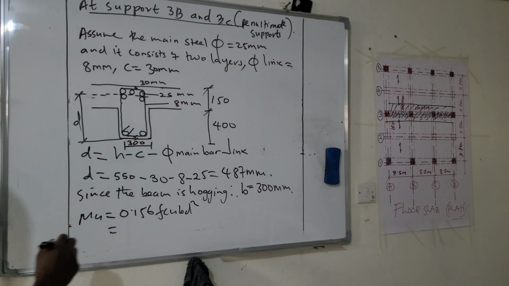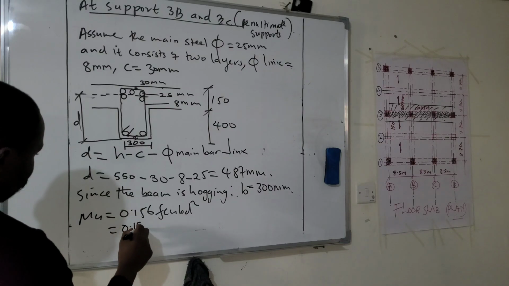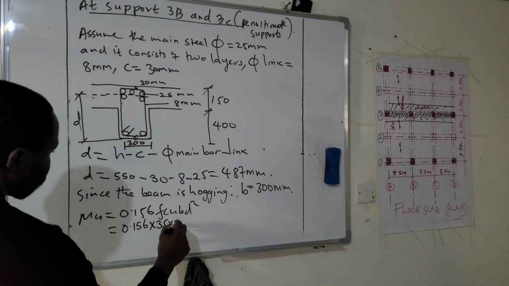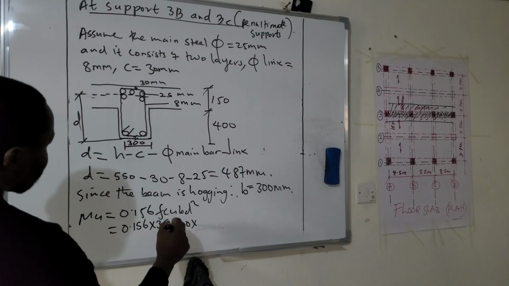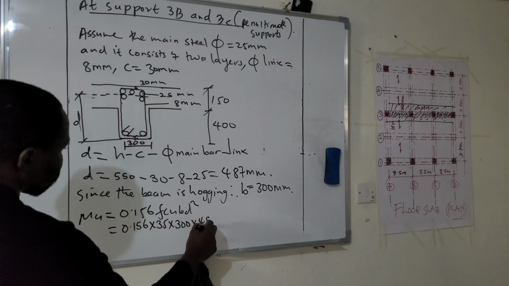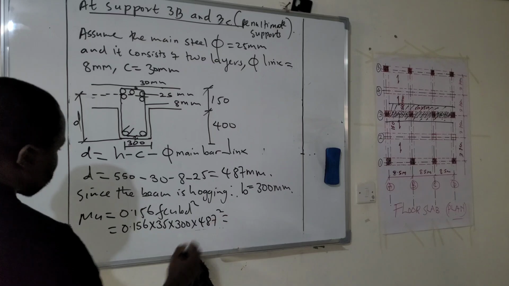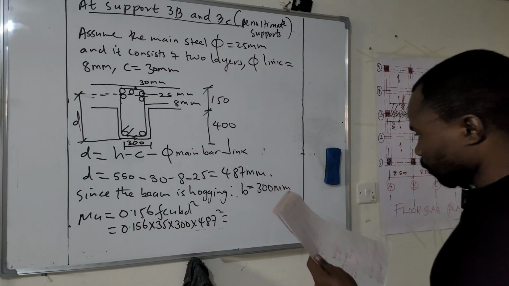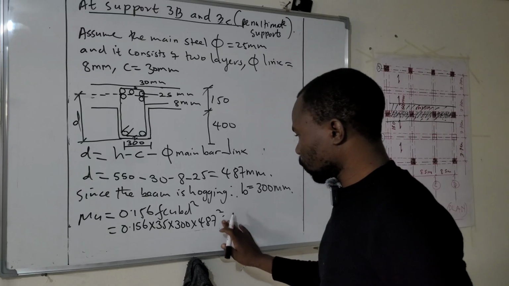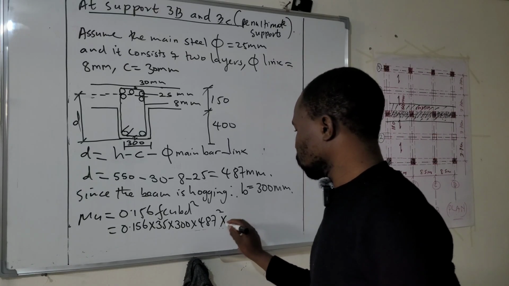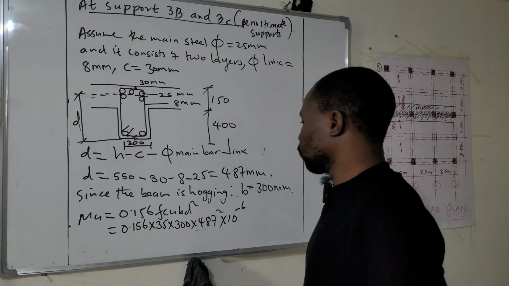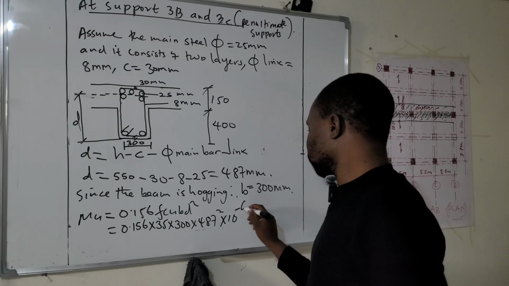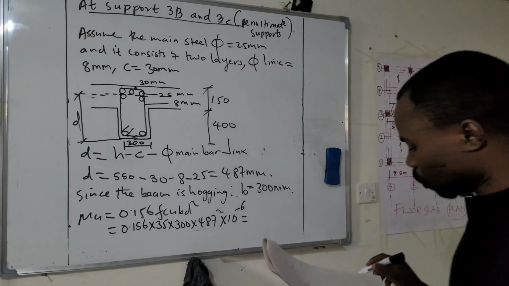So this one is equal to 0.156, FCU is 35, B is 300, and D is 487. Remember to multiply by 10 raised to the power negative 6, so that you can have your answer in kilonewton meter.